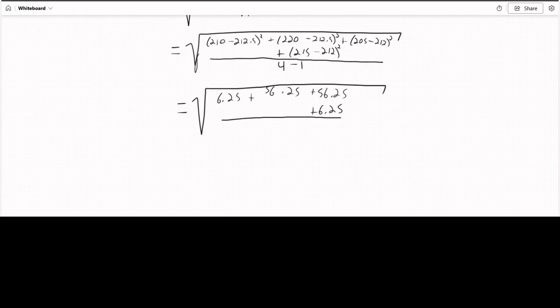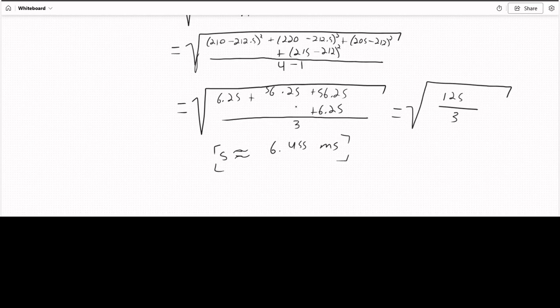Great, and it's all divided by 4 minus 1, which is 3. So the numerator here simplifies to 125. That's what this all adds up to, over 3. So we can say that our estimate for the population standard deviation is, we're going to use these squiggles because we're rounding, this means approximating, 6.455 milliseconds.